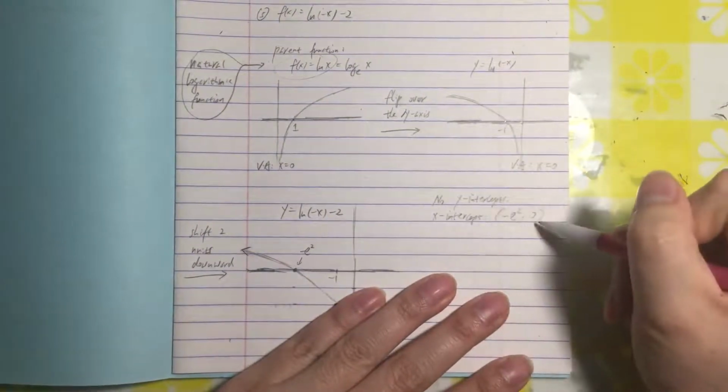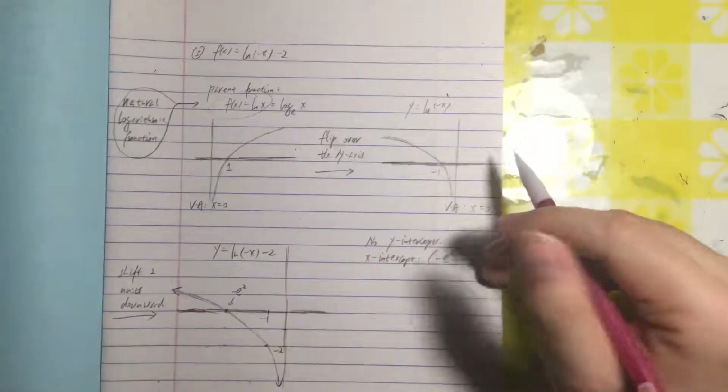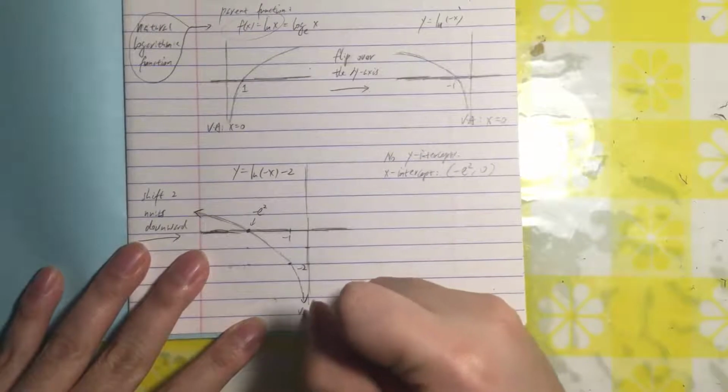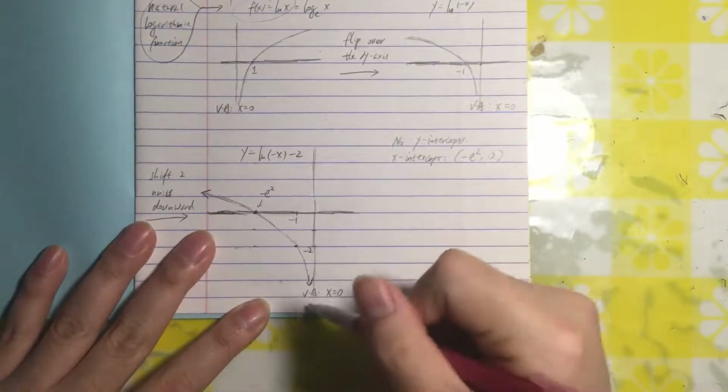For the x-intercept, the y-coordinate is always 0. And the vertical asymptote here is x equal to 0.